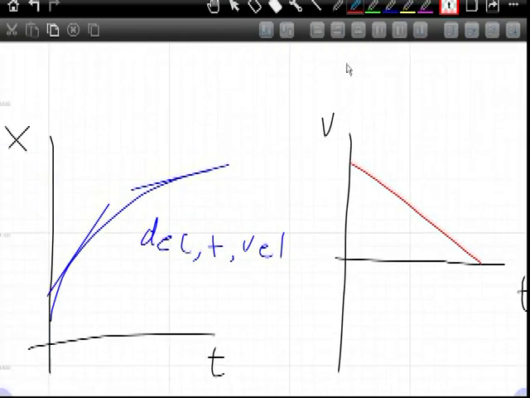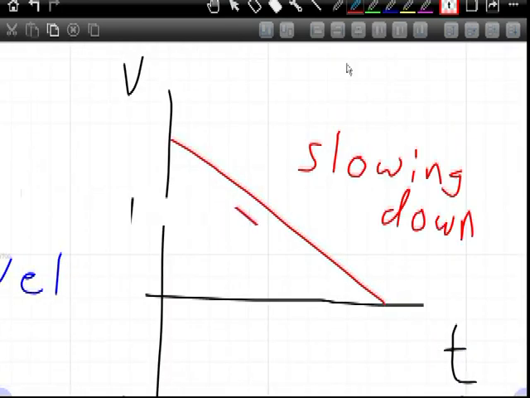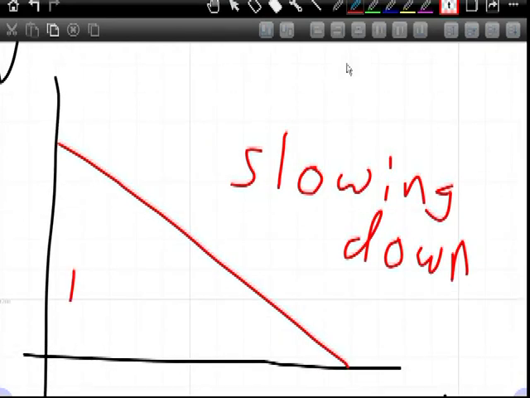Because it's traveling towards the origin. Which means what? It's decreased. So slowing down. Yeah. And then is it moving forward? It's still positive. Good. So it's positive value, or we think about it's above the x-axis. So whenever we're above the x-axis, we have a positive velocity. Because if we were to pick one of those points, it'd be +5 or +4 or +3 for the velocity. So any one of those points is still a positive velocity.